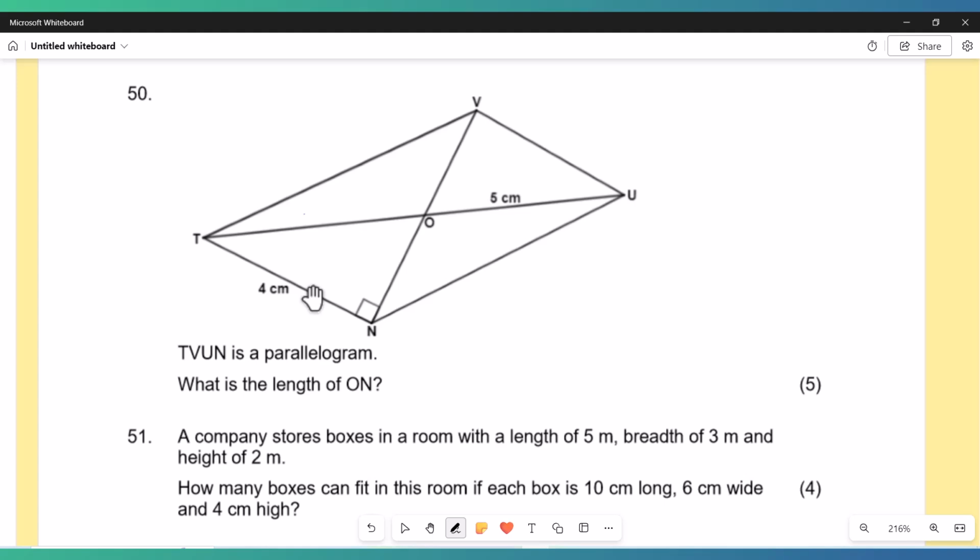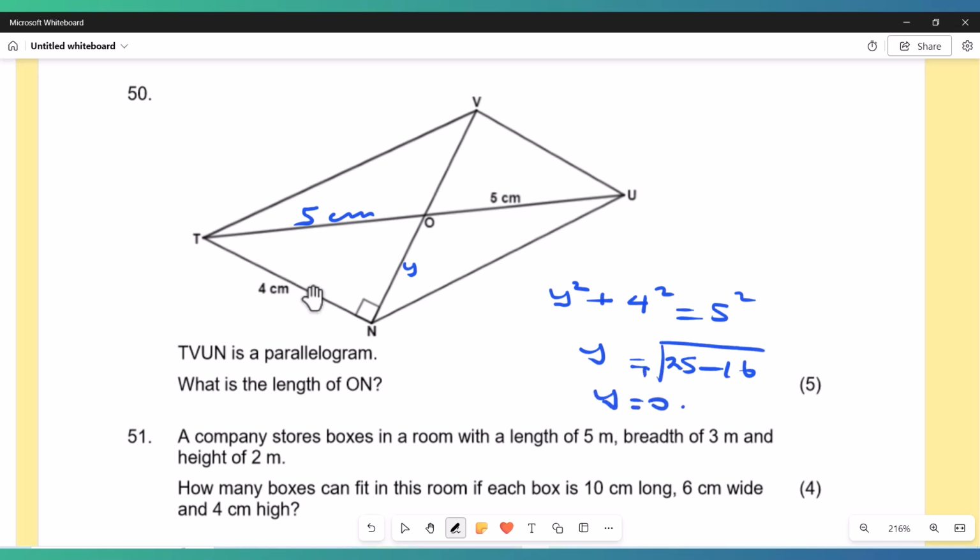Because diagonals bisect each other. So this one here, which is ON, if I call it y, it's going to be y squared plus 4 squared equals 5 squared. So what is our 5 squared? 25 minus 16 and square root, which gives y, ON, as 3 centimeters. That's our ON, 3 centimeters.